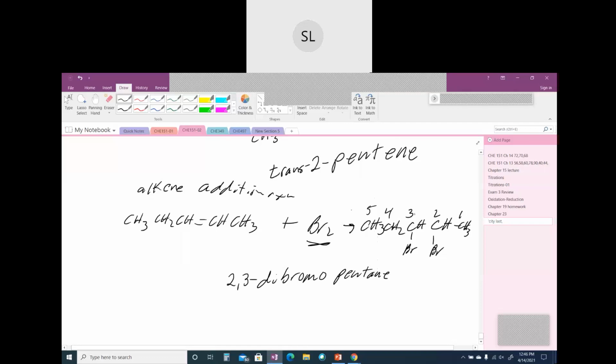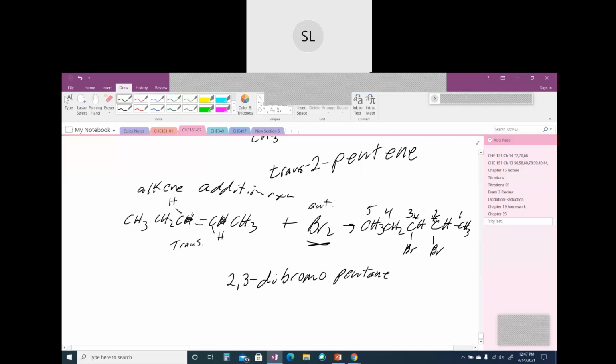And of note, we have a chiral carbon here and we have a chiral carbon here. So this question is a very difficult question because in organic chemistry, when you get to chapter 8, you would have the mechanism and you would know that it is going to add anti. That means that one of the bromines is going to go up, the other bromine is going to go down, and that only matters if you have 2 chiral carbons.